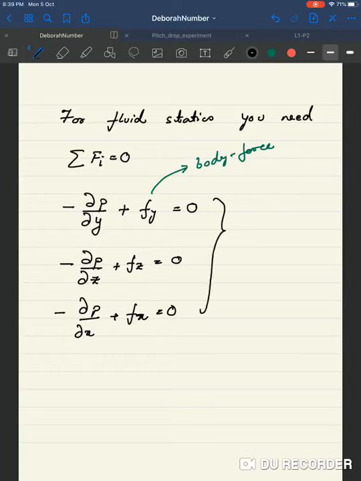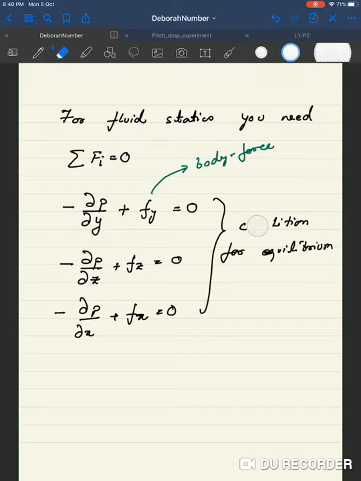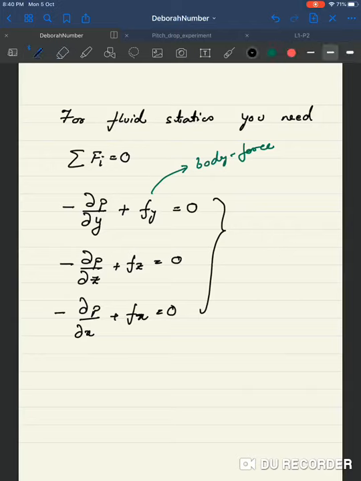So this is the condition for equilibrium. Or rather, I should say that in equilibrium, these equations will be satisfied.